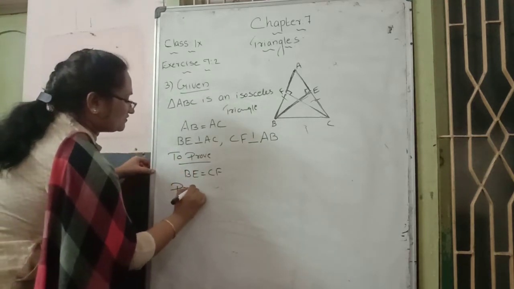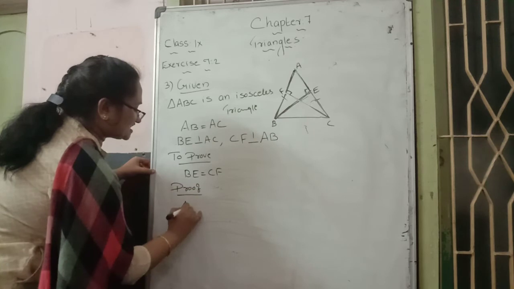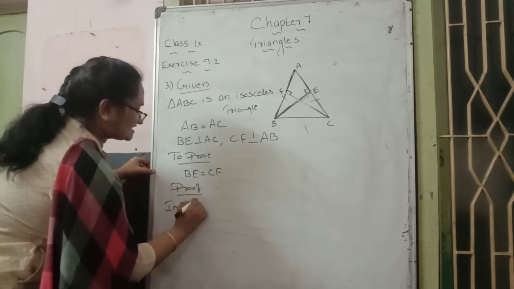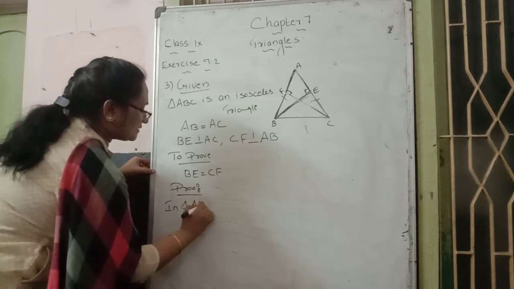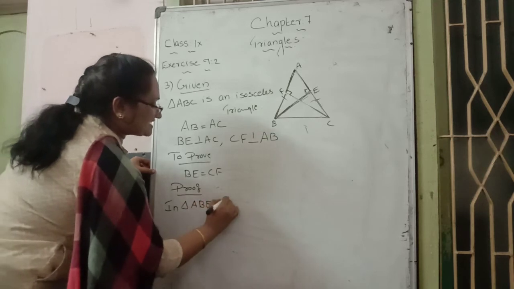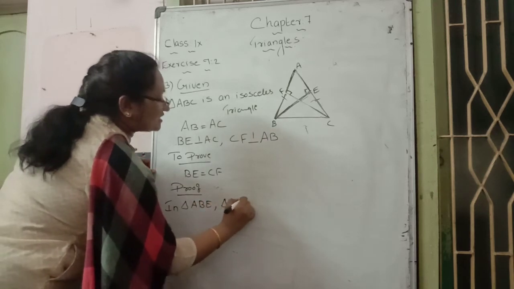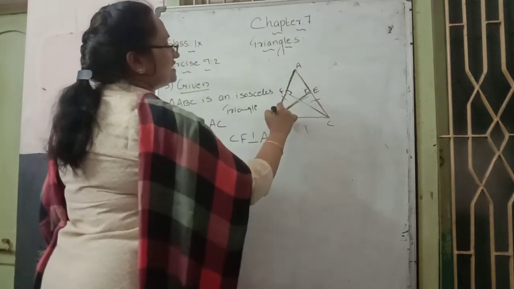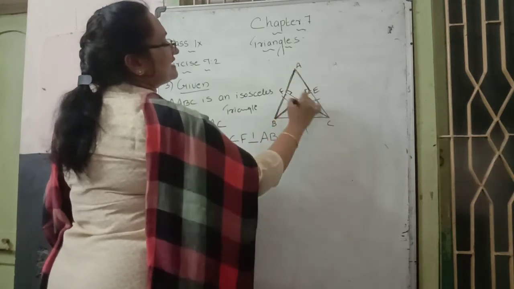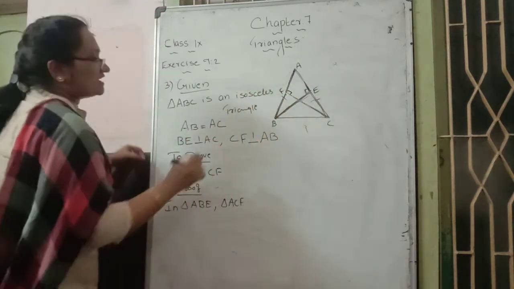Then the proof. How to prove it? We consider two triangles: triangle ABE and the second triangle ACF. What is the information?